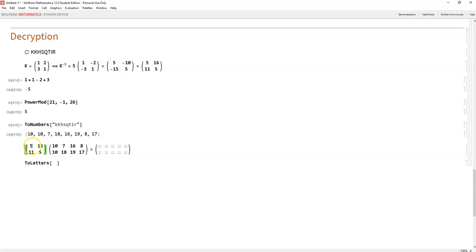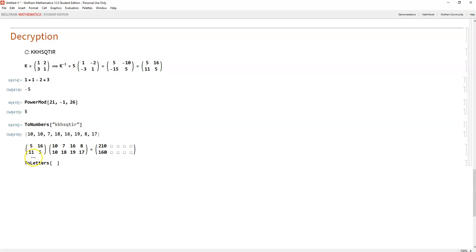All right, so now I start multiplying them just like I did before. The numbers are going to get a little hairy, but oh well, such is life. Okay, so I'm going to take 5 times 10 plus 16 times 10. All right, so that's 50 plus 160, which is 210. All right, and then 110 plus 50, that's 160.